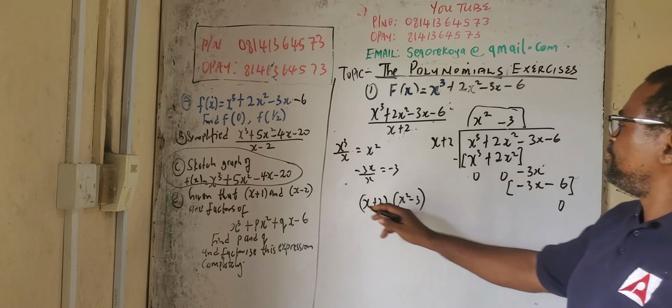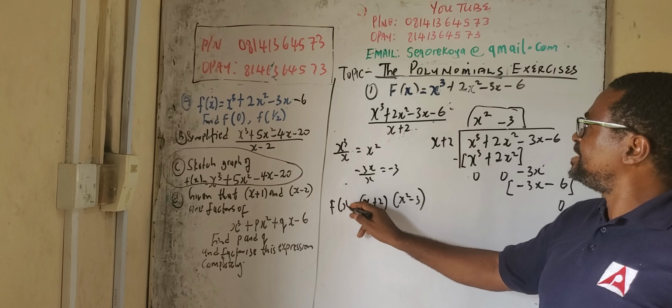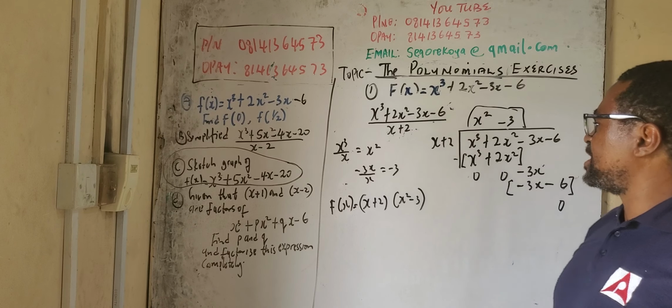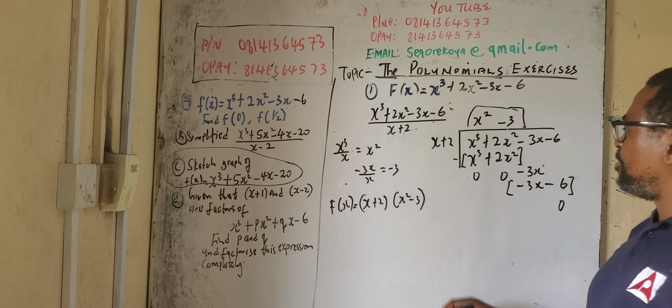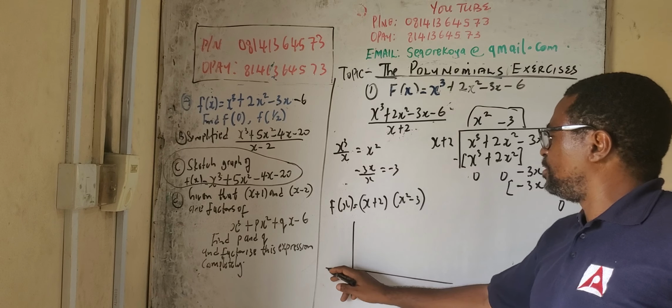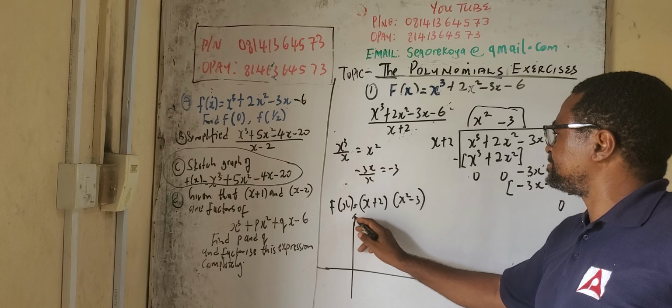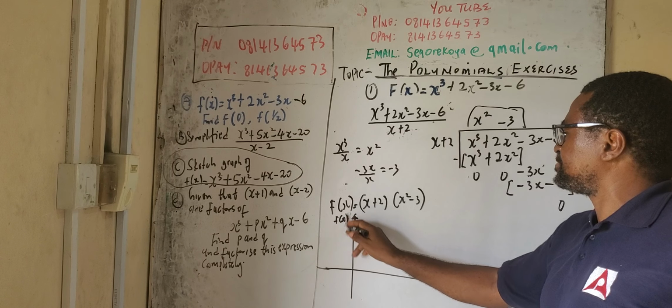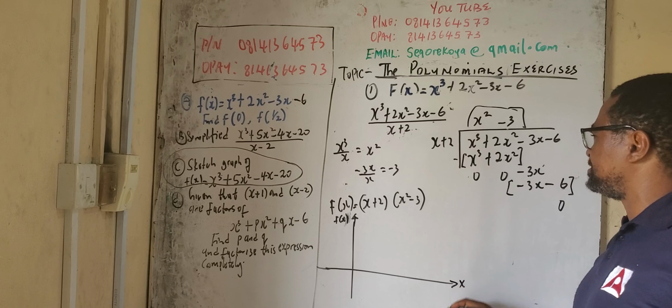Now, the question says we should sketch the graph. For you to sketch the graph, get the points on the x-axis and on the y-axis. This is the y-axis, or f of x axis, and this is the x-axis.